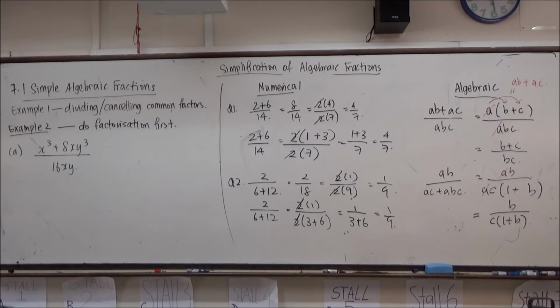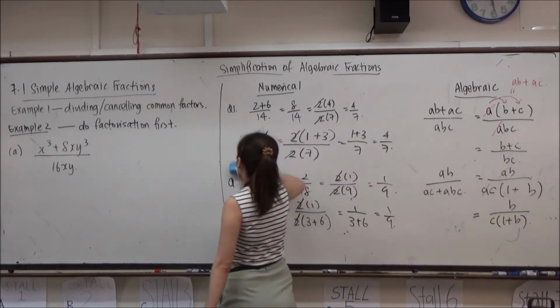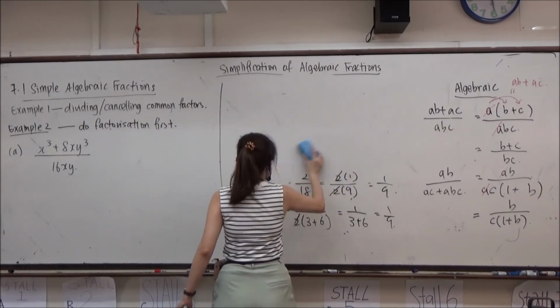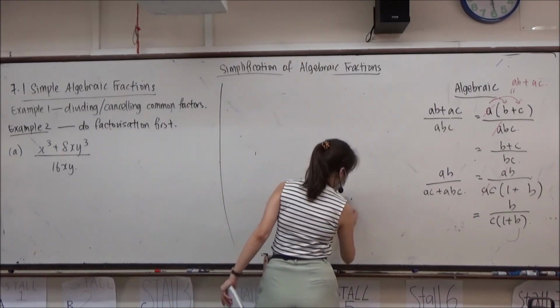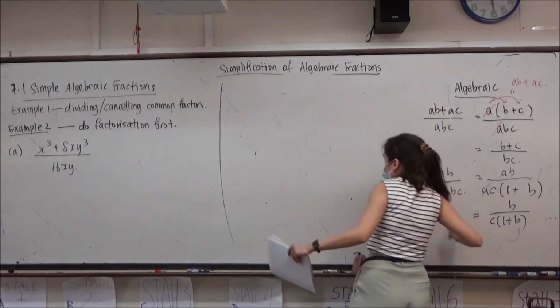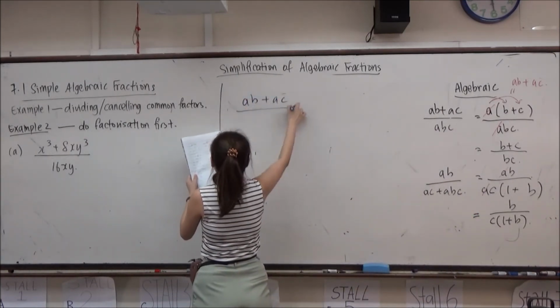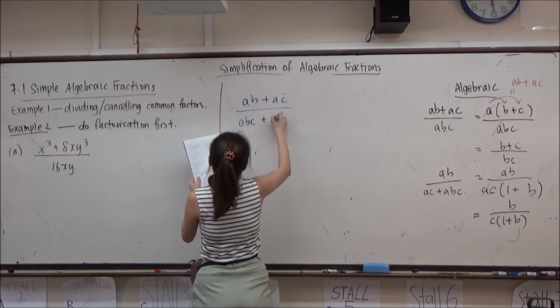Maybe we do more, then after we can fully understand. Alright? So for question 3, the numerical example, maybe I'll just skip that. Let me just look at AB plus AC over ABC plus AC.